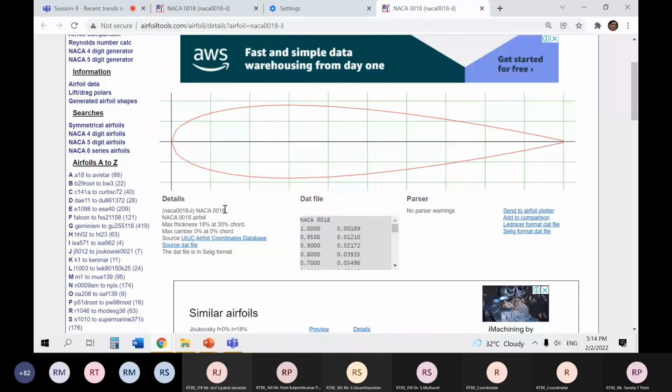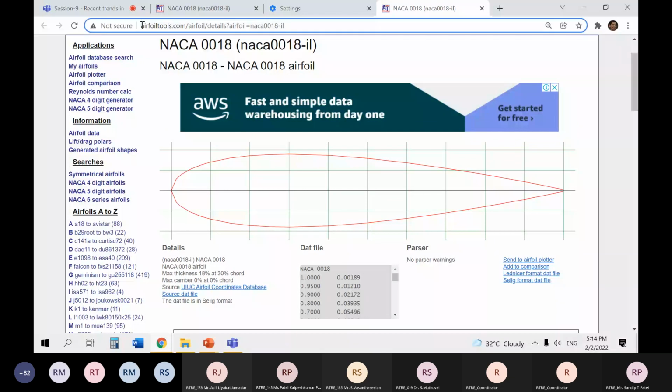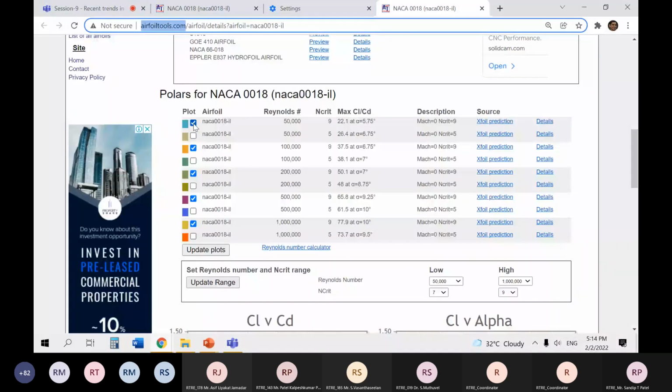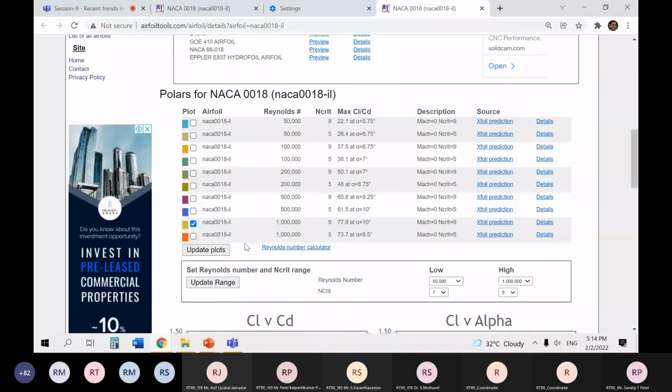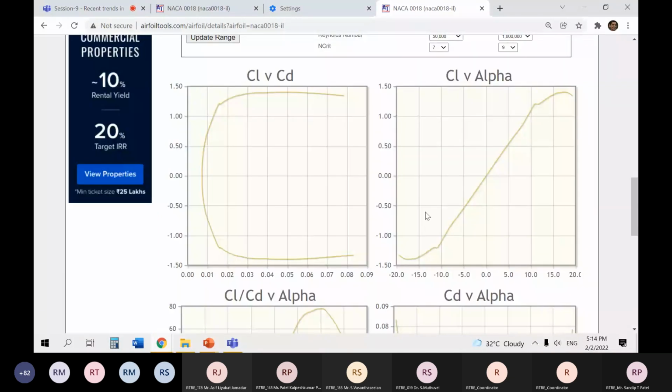Or you can use this website, airfoiltools.com. Here, let's say I want to measure NACA 18 at 10⁶ Reynolds number. I can simply have an Xfoil prediction in the form of graphs as well as an Excel sheet.